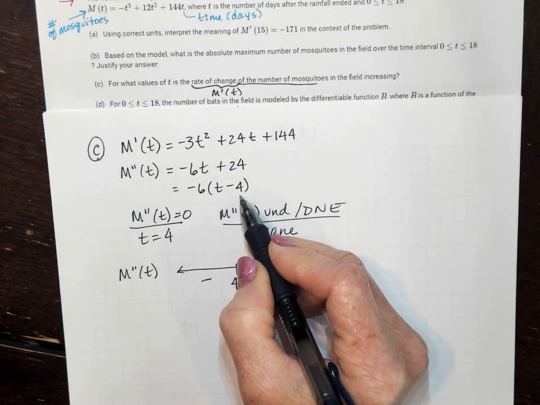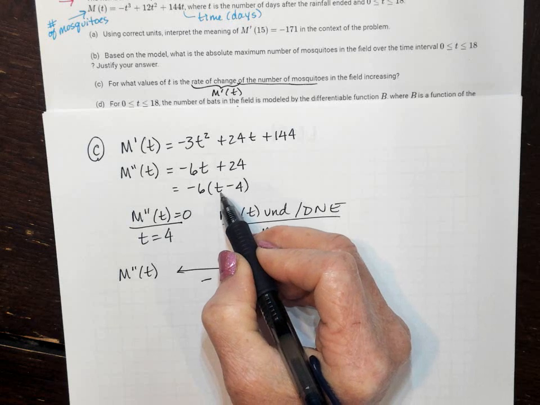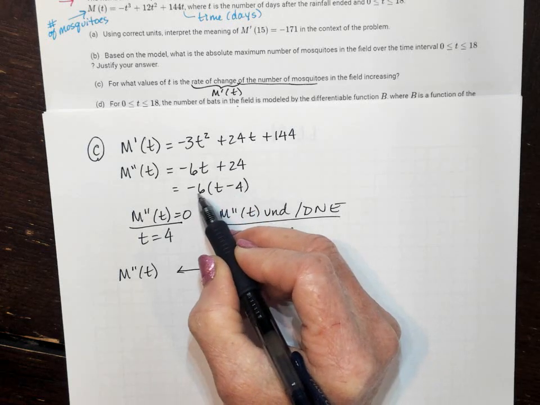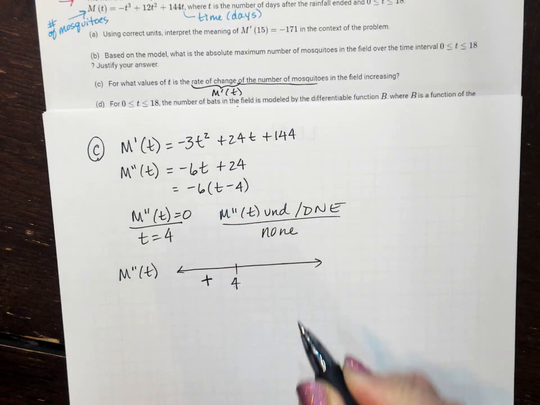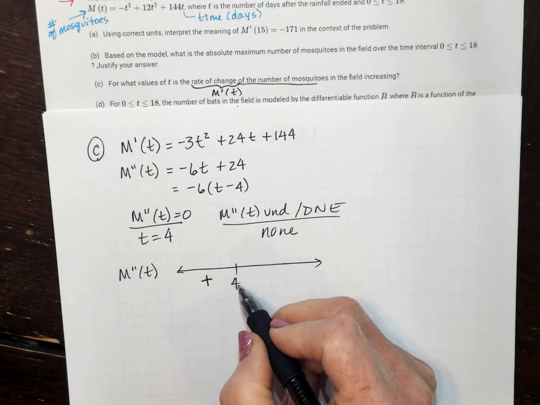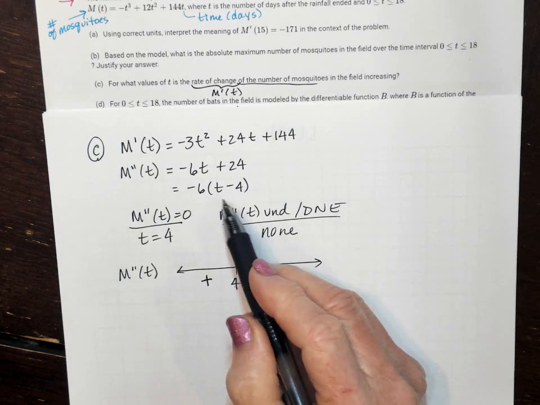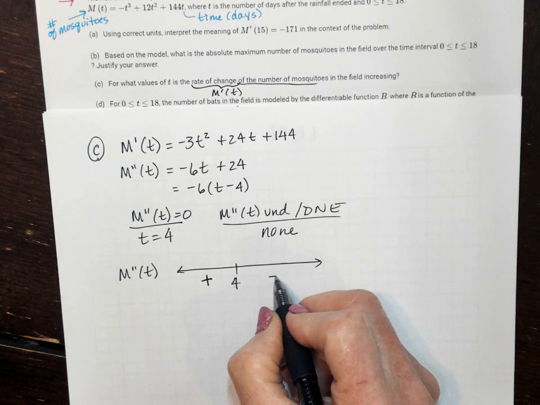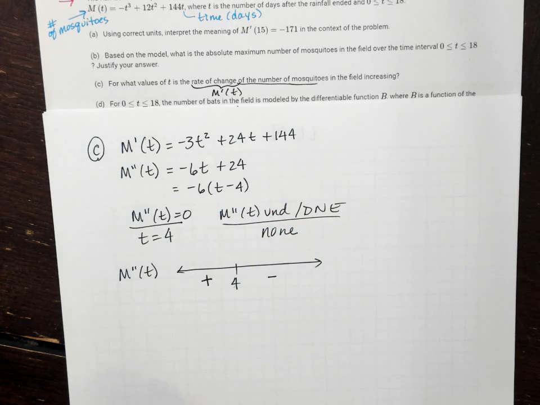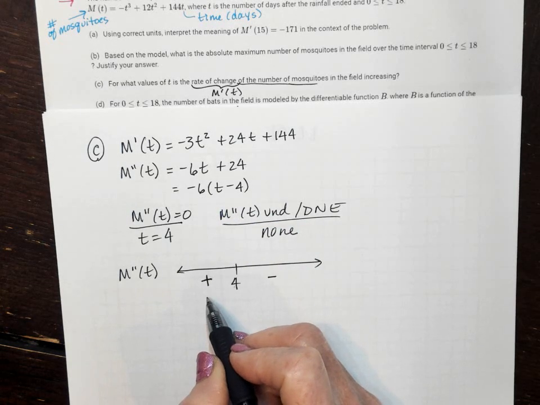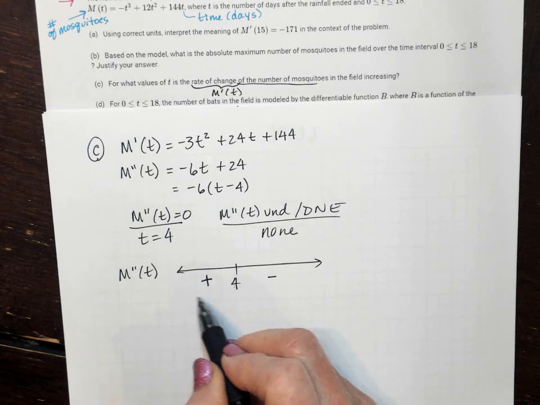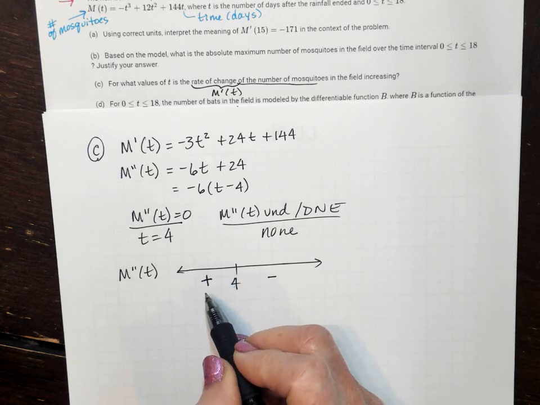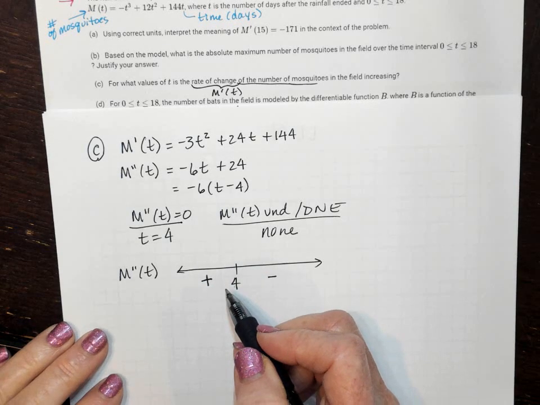Okay, so if I put a 0 in, then this becomes negative 4 times a negative 6, which is positive. Okay, plug something bigger than 4 in, say 5. This is positive times negative, so this is negative. All right, that means that when m double prime is positive, then m prime is increasing.